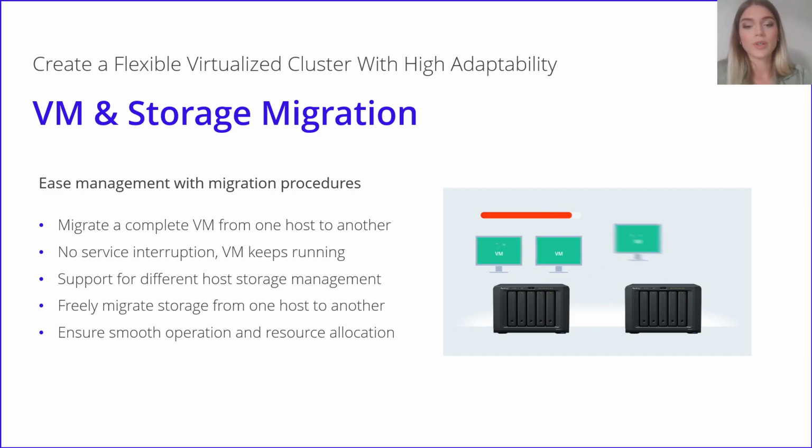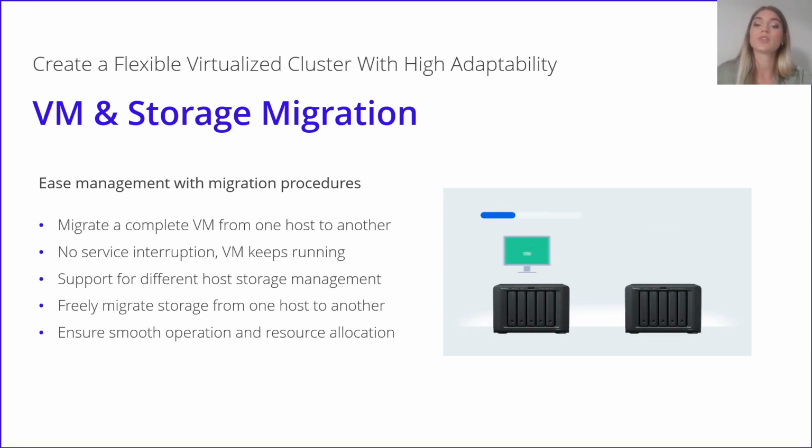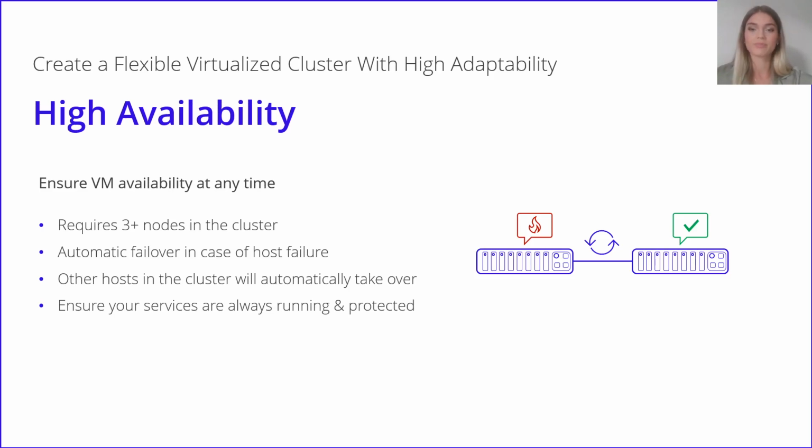But what you can also do is setting up a high availability strategy between these different servers in the cluster. And this is how it works. You just set up one of the NAS as the high availability device, and you need at least 3 devices in this cluster. And the high availability device is going to automatically do a failover in case of a host failure.